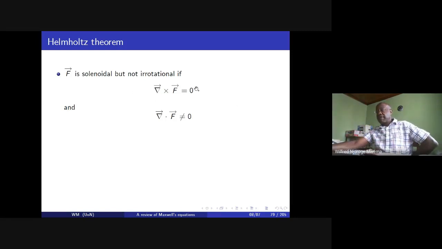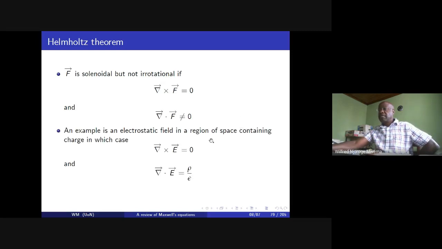The curl of F is equal to 0, but its divergence is not equal to 0. An example would be an electrostatic field in a region of space containing charge, in which case the curl of E is equal to 0, that is curl-free.